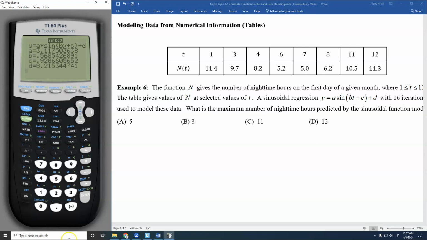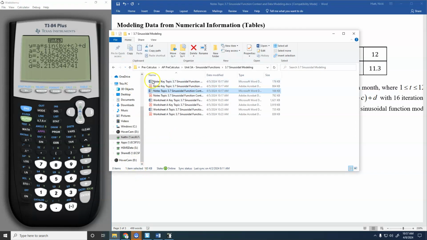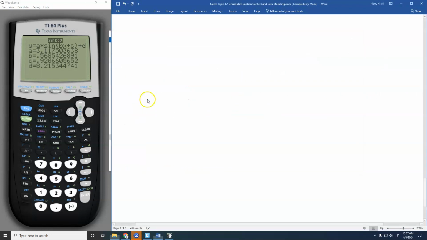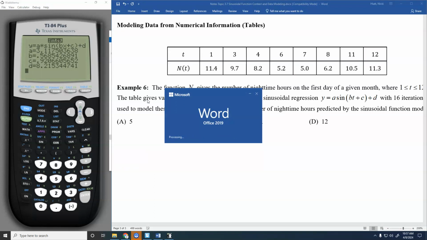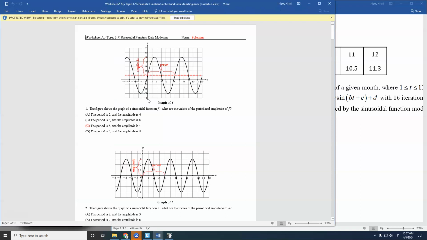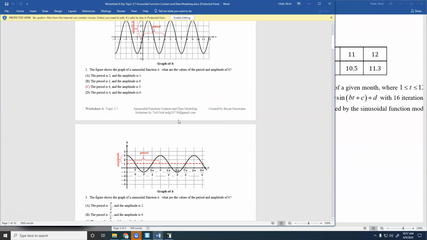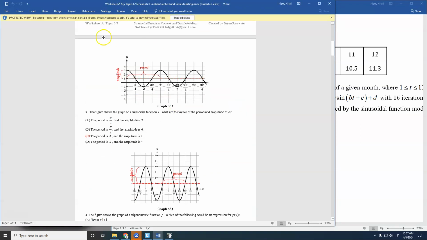All right, let's check and see if he's getting the same thing on his key, just because I've not used the 89 for these in a while. I've been using Desmos, and I'm not sure about typing in those iterations or the period. And I'm pretty sure last time I did sine regression, my calculator wasn't updated, and I didn't have that option, so. Oh, that's the worksheet.